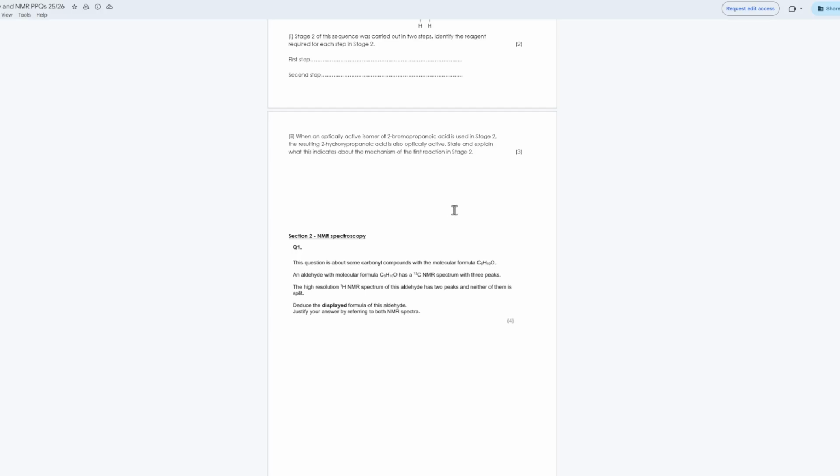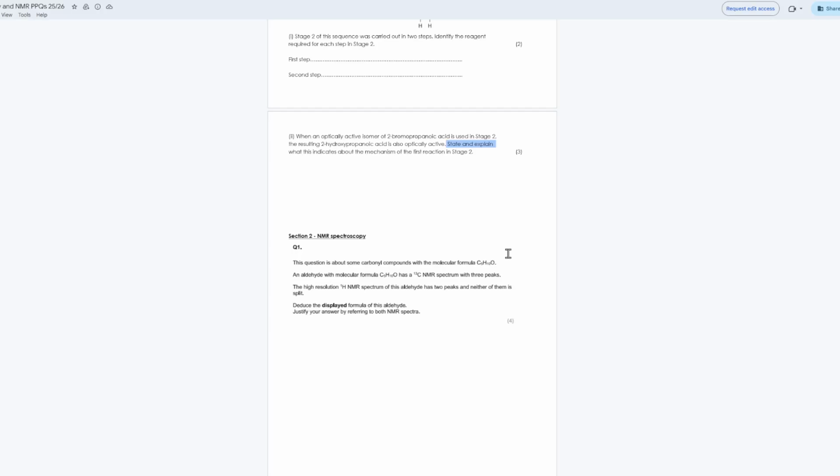Where are the other 2 marks? State and explain. So I guess it's just the explanation of why it's optically active, not of why it's SN2.